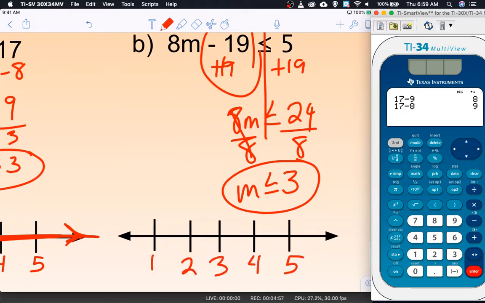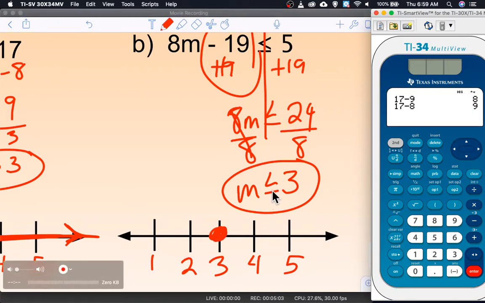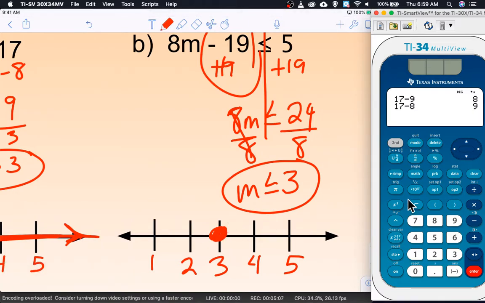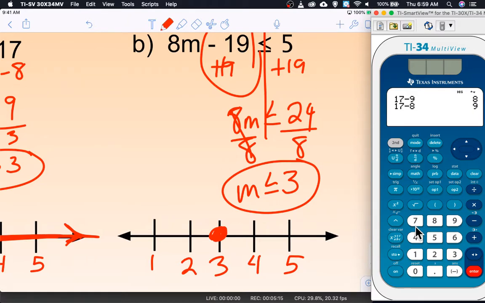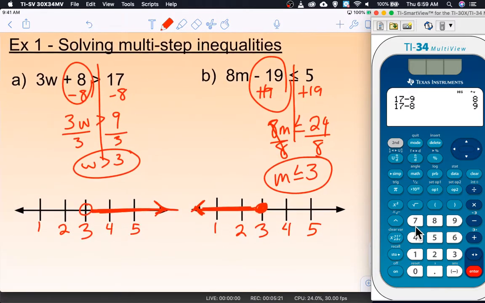I'm going to get a solid dot at 3 this time, because of the or equal to. That little line right there makes it a solid dot because 3 is an answer. And I'm going to shade everything that is less than 3. Less than is to the left. And that's it. So two problems down already.